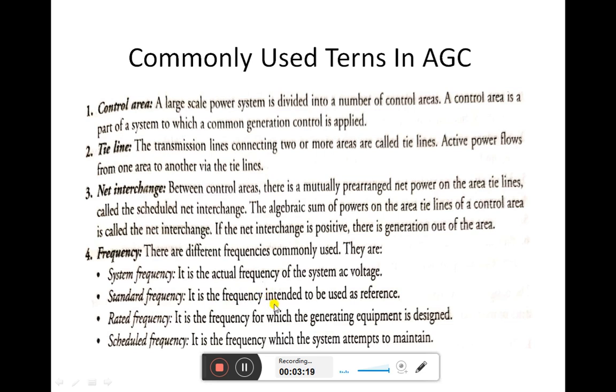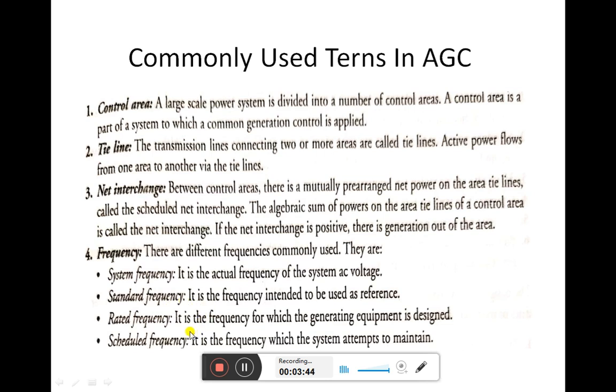It is the frequency intended to be used as a reference. In India everywhere we follow the standard frequency as 50 Hertz, which we can have as a reference, and every power system will try to maintain its frequency at 50 Hertz. Such a value we call the standard frequency.